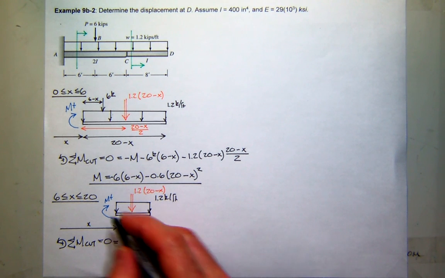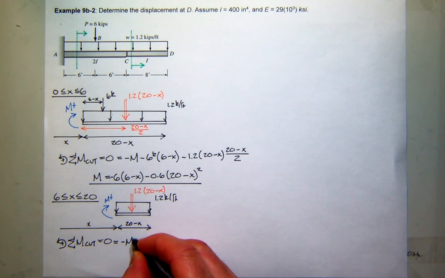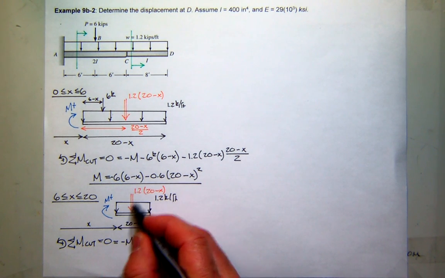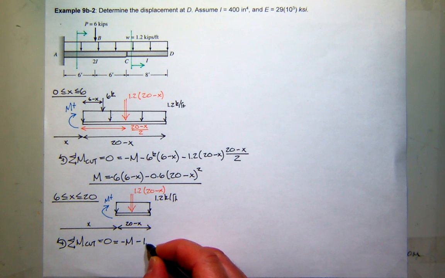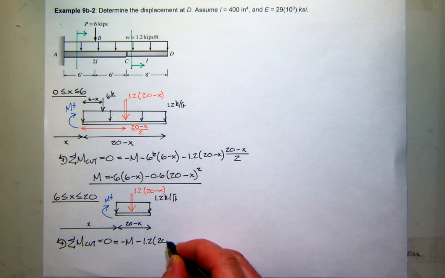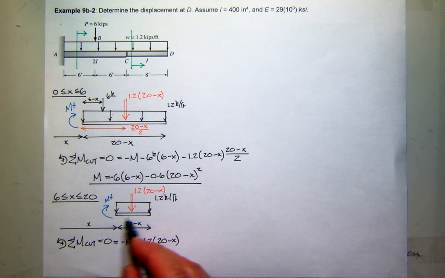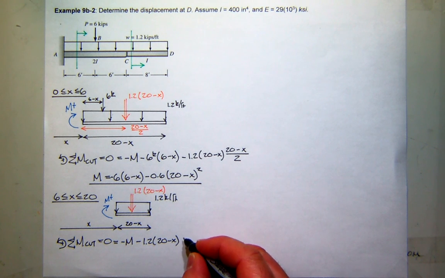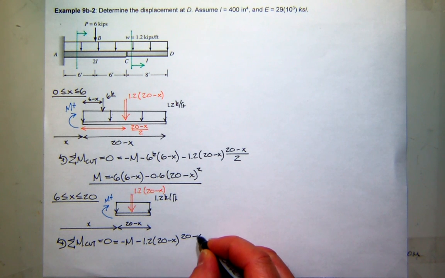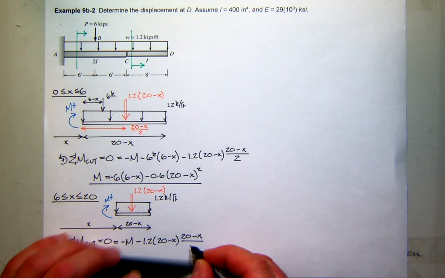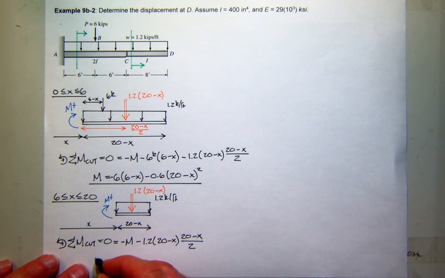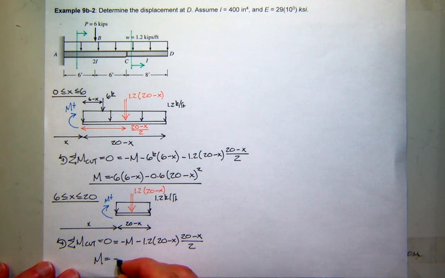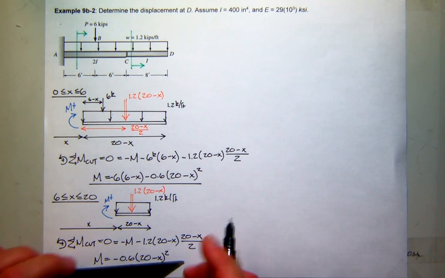So starting with the moment, my moment is negative. The moment about the cut created by this force is also negative, so the force is 1.2 times 20 minus x. And of course the distance to the centroid is 20 minus x divided by 2. So when I solve for the moment equation, I get minus 0.6 times 20 minus x squared.